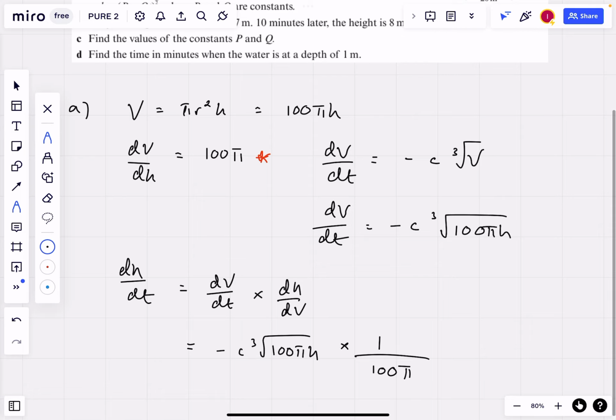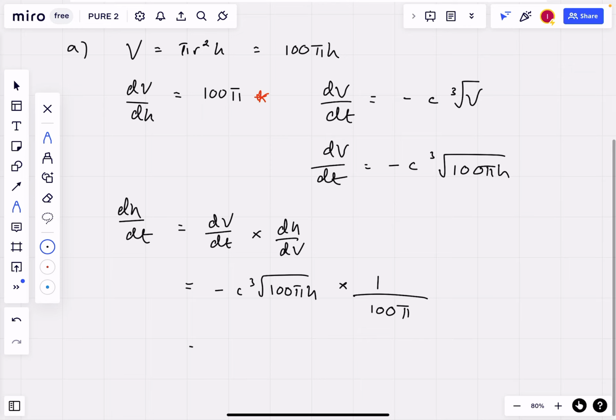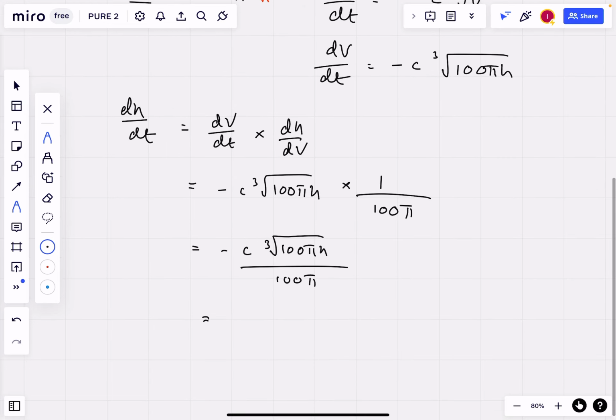And now simplify. So minus C cube root of 100 pi h all over 100 pi. Okay, if you take out the h, you're left with minus C cube root of 100 pi all over 100 pi multiplied by the cube root of h.